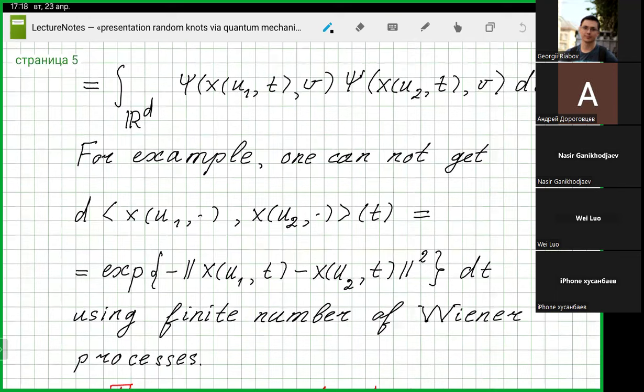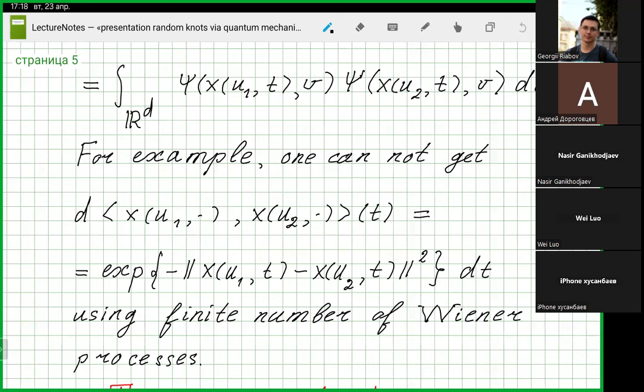So if we want to have the freedom to consider an arbitrary positive definite function as the instant correlation function between our particles, we definitely need an infinite number of Wiener processes.